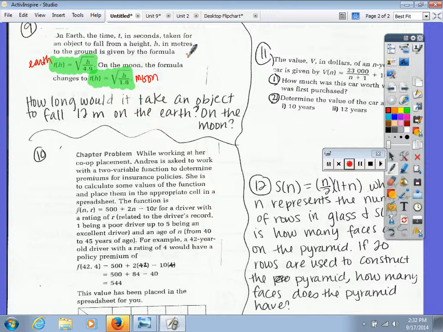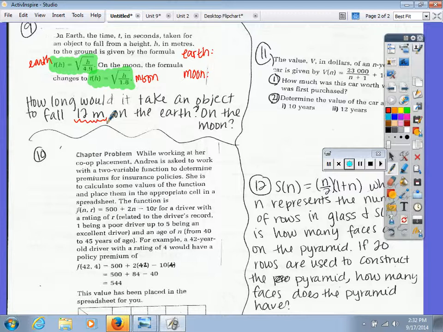All right, so Earth, moon. All right, what would I go ahead and plug in? What am I plugging in for H? 12 meters. Go ahead and underline that. It's the number that they give you. So what would our equation be when we go to write it?